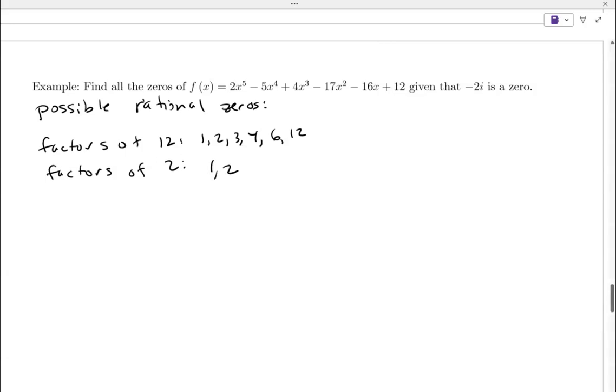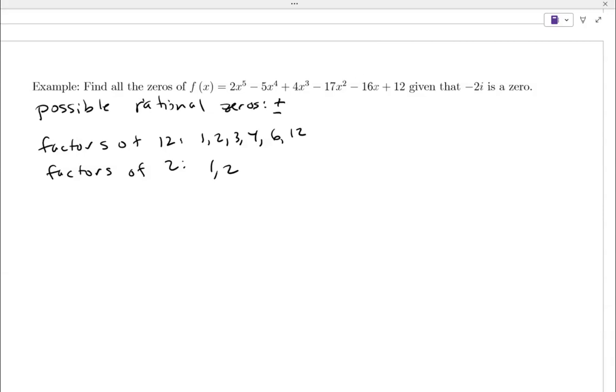Factors of 2 is pretty easy. 1 and 2, good. Now again, for possible rational zeros, we need to make fractions, right? What goes on the top of the fractions? Yeah, the factors of 12, and the denominators are factors of 2, right? And again, we can always use plus or minus.